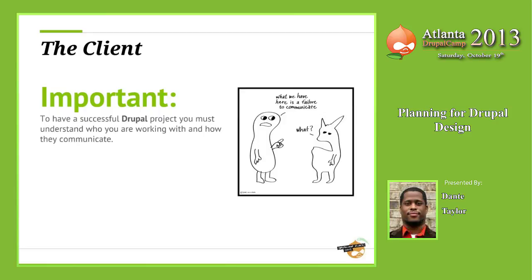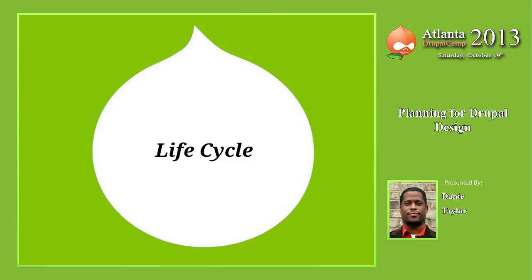It's really about how you engage your client and how you communicate with them, and all this leads into a successful Drupal launch. In planning, this is part of your plan that you have to consider: identifying your clients and the people on the team, and also who you are as a person and how you relate to them.